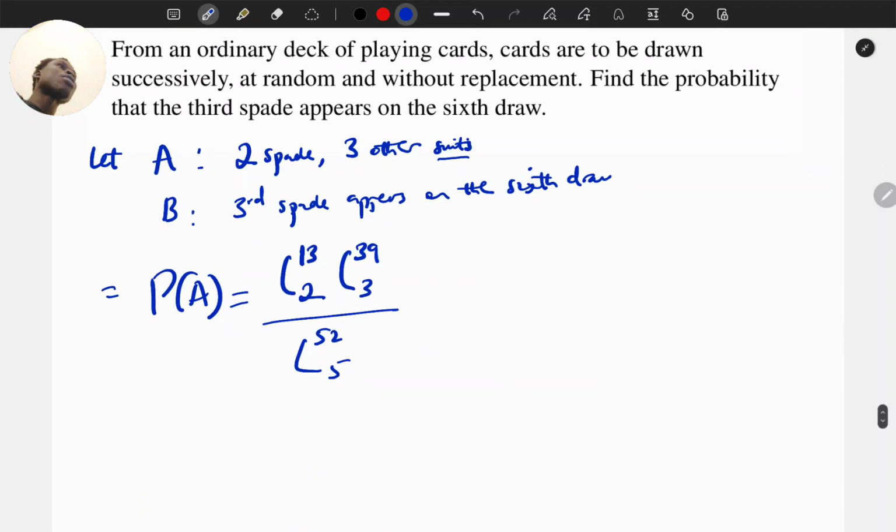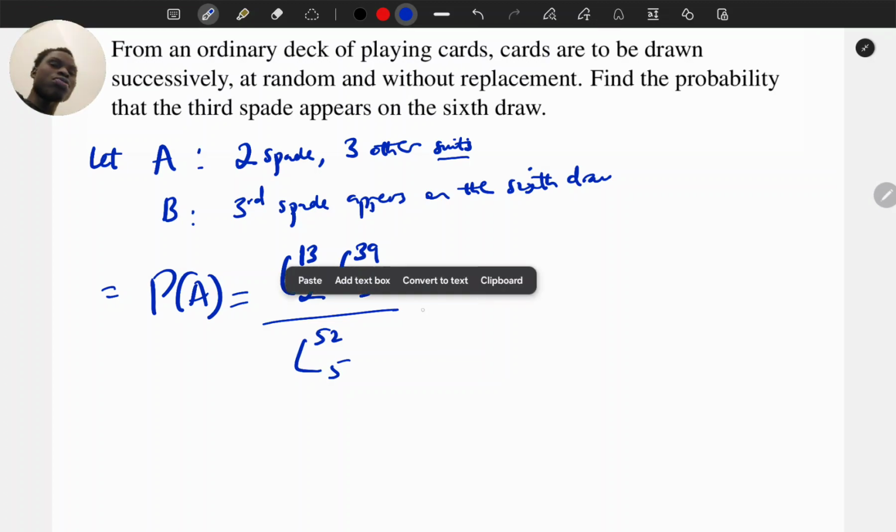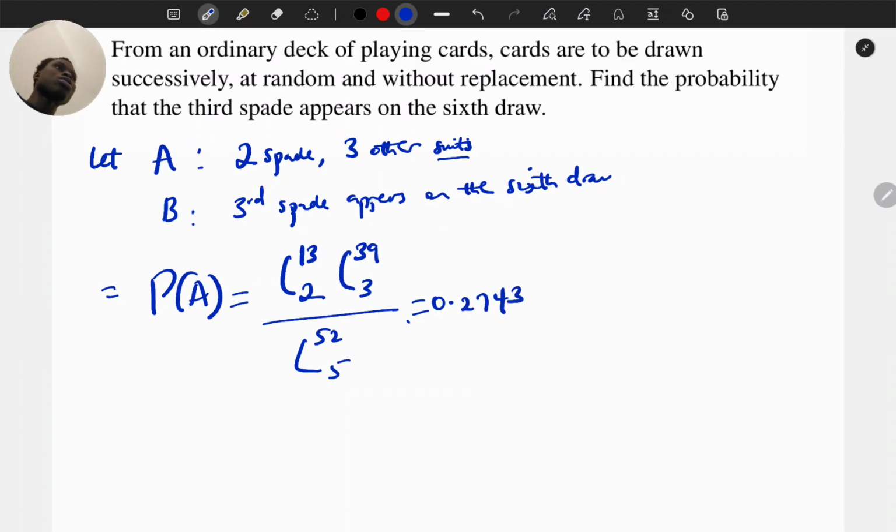Then the probability that the 5th draw does not occur. If we solve this carefully, we have 0.2743. That is the probability of A, that's the first to occur.